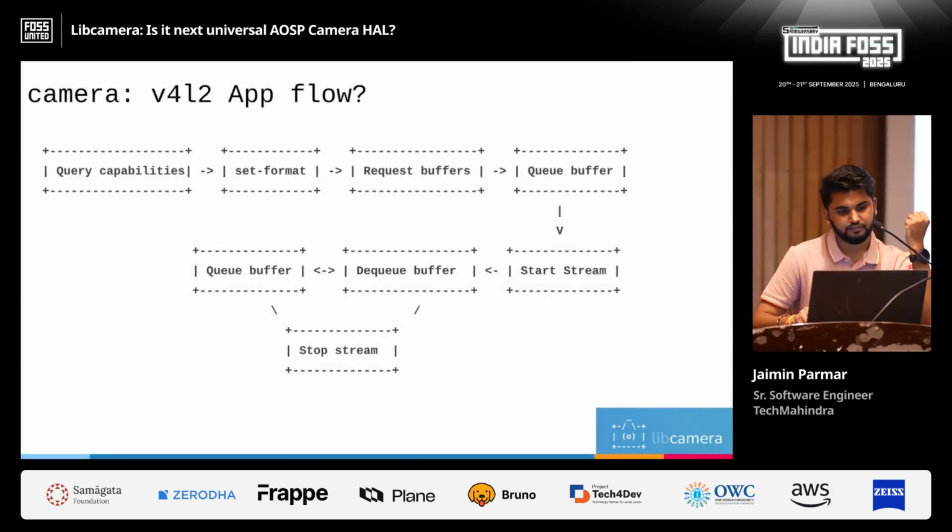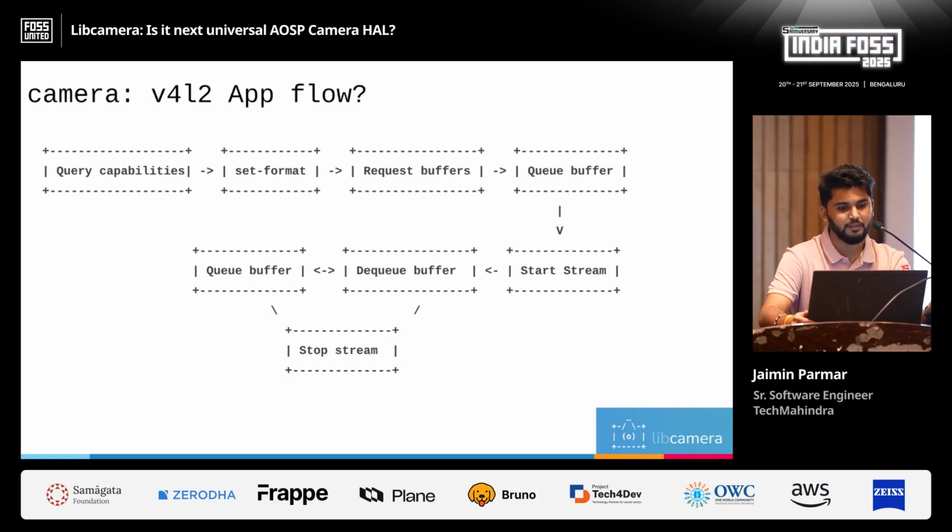If we talk about the V4L2 camera app flow, this is a very simple and generic flow. First, it will query the capabilities. Based on the capabilities, it will set formats, and after setting the formats using the V4L2 IOCTL calls, it will request the buffers.